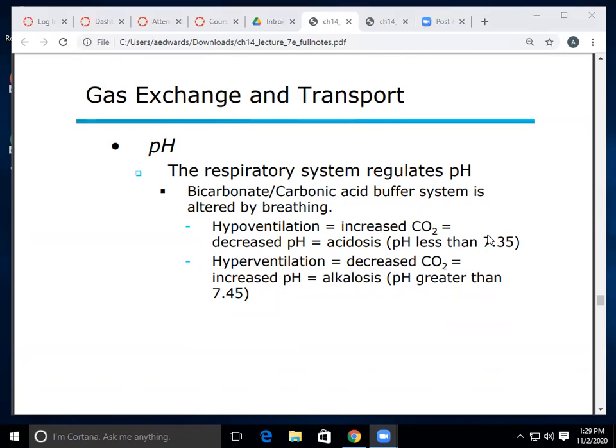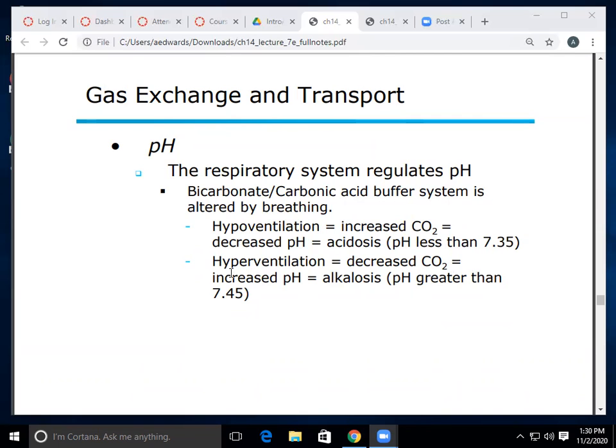Hypoventilation means lower ventilation, and that's going to increase your CO2 levels in your blood. It's going to decrease your pH, make it more acidic, right? Because that CO2 is going to combine to form carbonic acid. The dissociation of those hydrogen ions makes your pH go down, and you get acidosis, which means you have a pH less than 7.35.